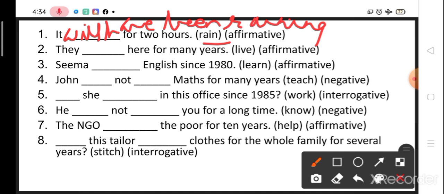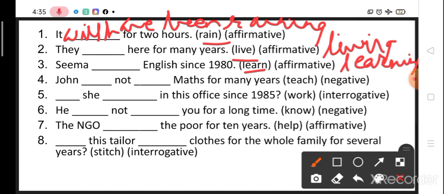They will have been living for many years. Seema will have been learning English since 1980.